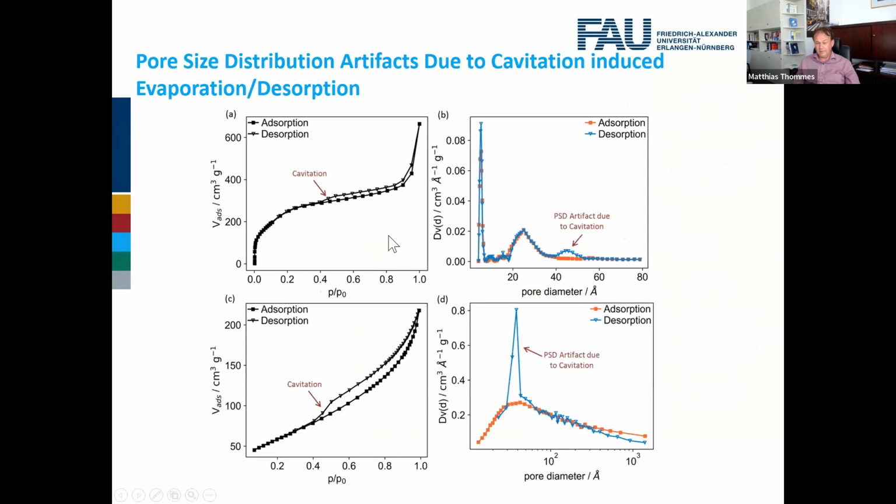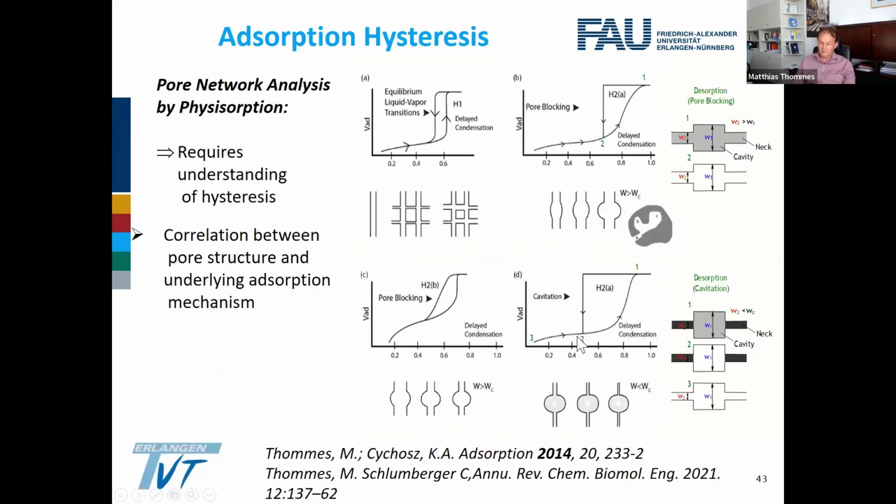So where is this important? It's important for many things, but here is one of the caveats, the pitfalls you find in characterization. You have to repeat this every 4 or 5 years. You have to show it to students because every 5 years is a new generation of students, and very often papers show the same mistakes. This step down here in these isotherms is cavitation-induced evaporation.